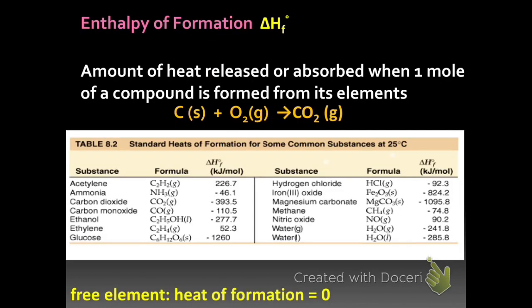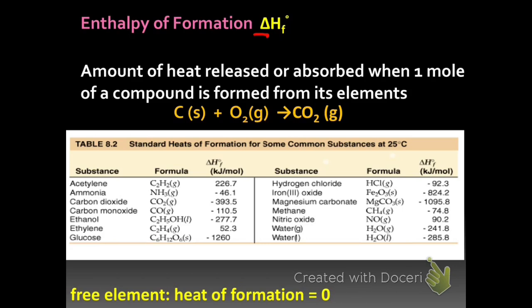So now we can also talk about something called the enthalpy of formation, which is the amount of heat released or absorbed when a mole of a compound is formed from its elements. So we probably should go over what all our little symbols mean. This little triangle is a delta, which means change in.